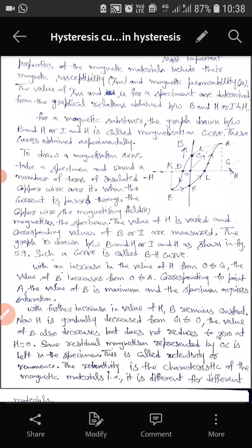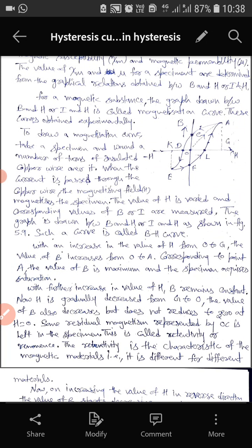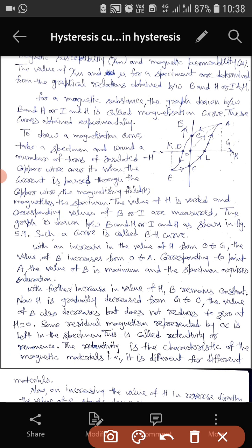The value of H is varied, and the corresponding values of B and I are measured. The graph between B and H, or I and H, is shown in this figure, and such a graph is also known as the BH curve or hysteresis loop.